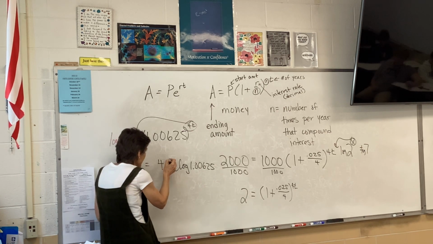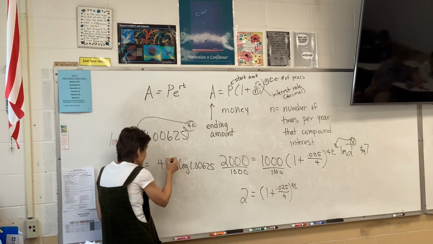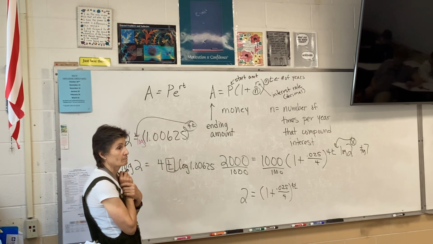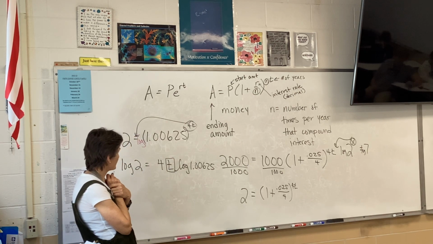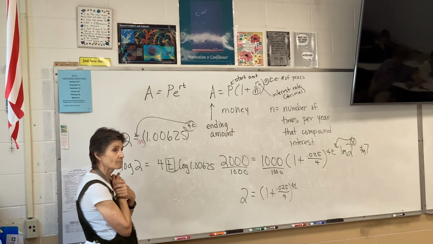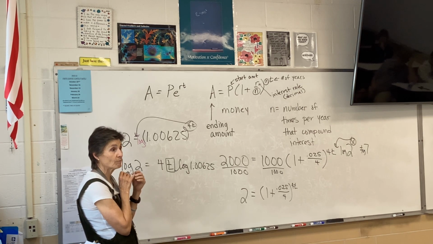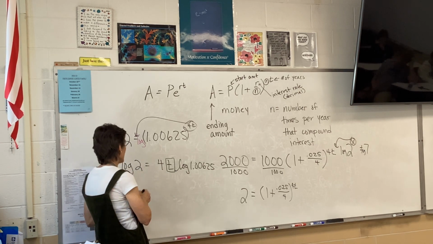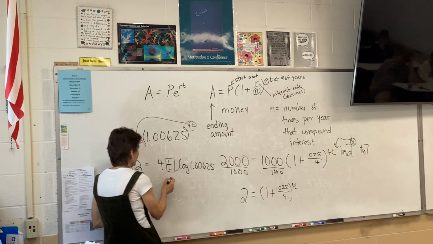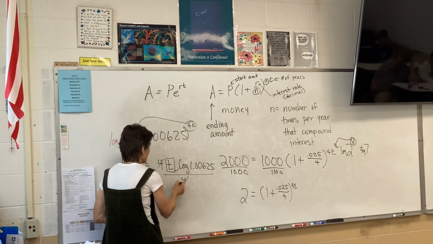Now this is what you're trying to get by itself. So what do you think we could do to get that by itself? Could we get rid of the 4? How would we get rid of the 4? Divide. So let's go ahead and divide by 4. So that's gonna be gone.